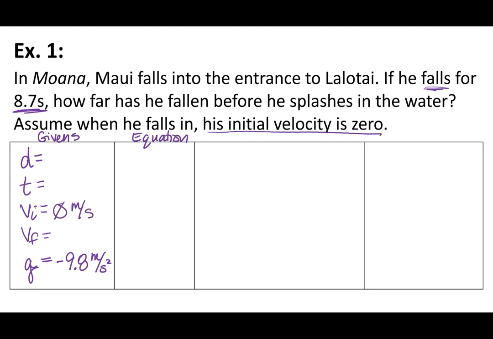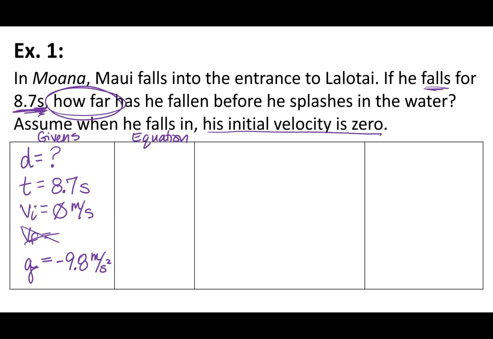And let's see, we have 8.7 seconds. Seconds measures time. So now the question is what are we looking for? How far has he fallen? That is our displacement. Now that we have our variables here, we know we do not need VF and we don't care about VF. So we're going to cross that one out.